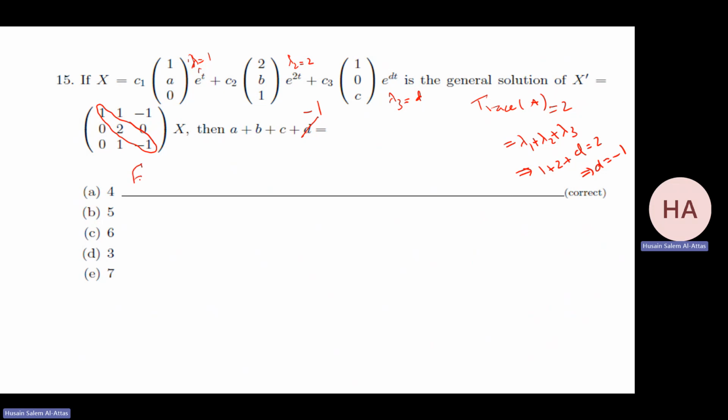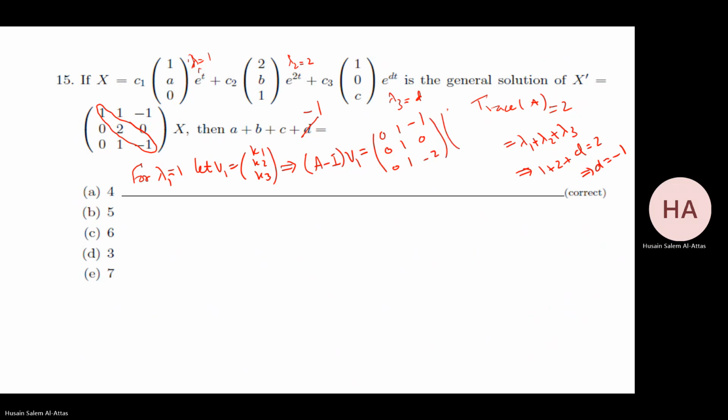Now let me do the eigenvectors one by one. For lambda 1 equal 1, I let V1 be K1, K2, K3. I have A minus I times V1, which is the matrix 0, 1, minus 1; 0, 1, 0; 0, 1, minus 2, times K1, K2, K3, equals 0, 0, 0.